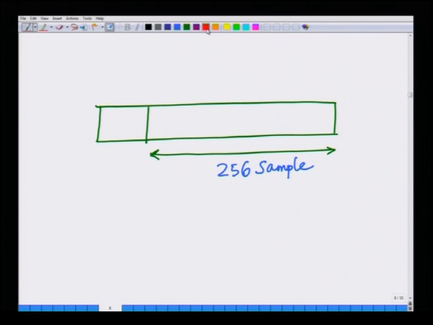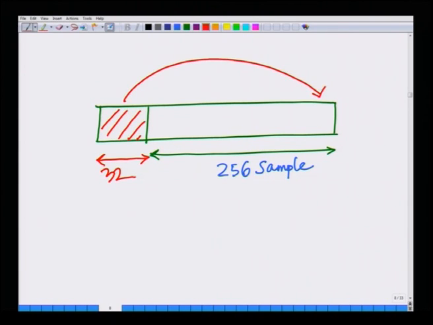What we are doing here is adding 32 samples of cyclic prefix, and these are taken from this part.